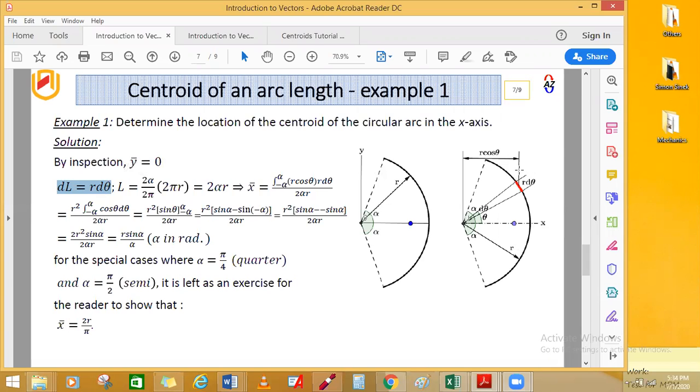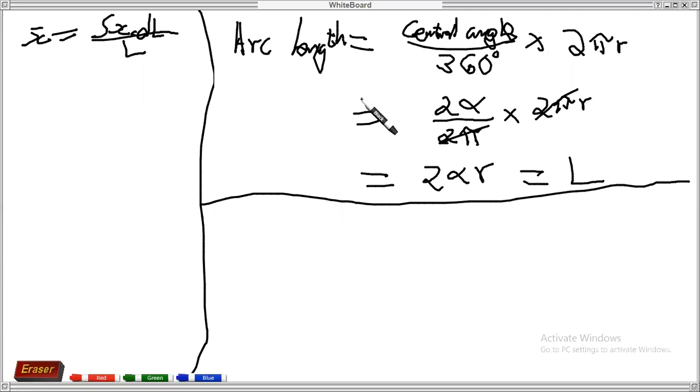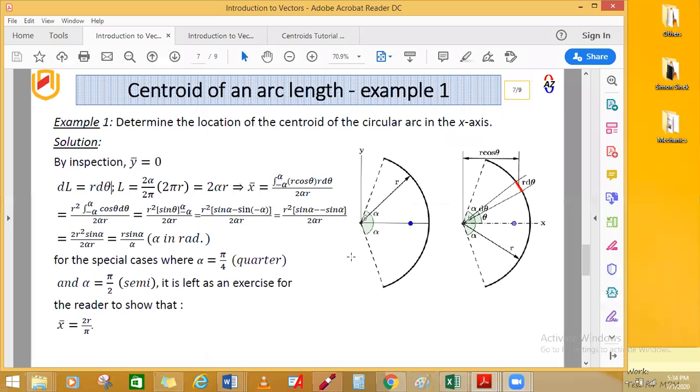To find this small arc, it's a similar concept again. Both of them are arcs, except that one is a small one. We're still going to use the same equation, arc length. Previously we used alpha plus alpha, so 2 alpha.